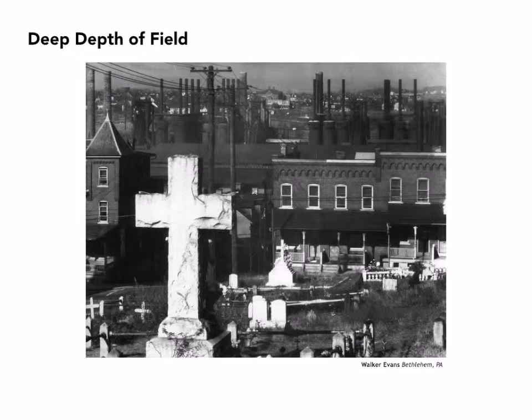He wanted to see everything crisply and in focus from the foreground to the background. The relationship between objects is of paramount importance to him, and as a result, he wants everything to be in focus. We also know that this is a fairly long focal length lens because of the compression of space.